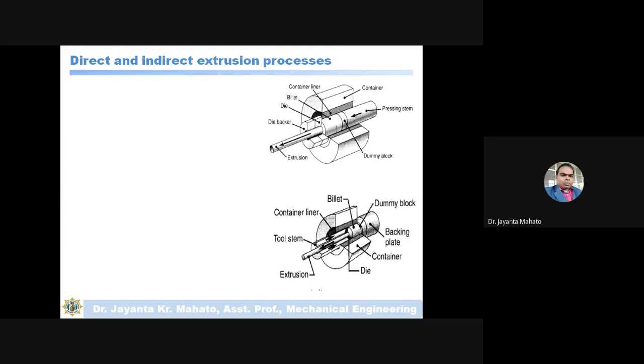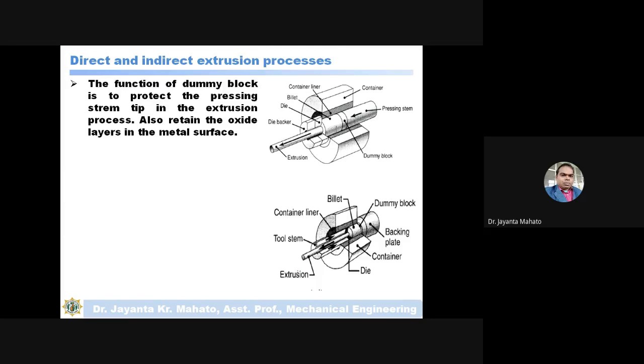Now direct and indirect extrusion process. So direct extrusion process means the ram will move in this direction, and the extruded part will come out in the same direction, like I have told earlier. And in the indirect extrusion, I have told in the previous, so no need to explain again.